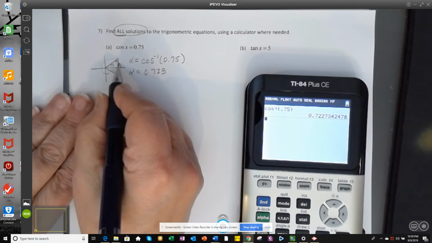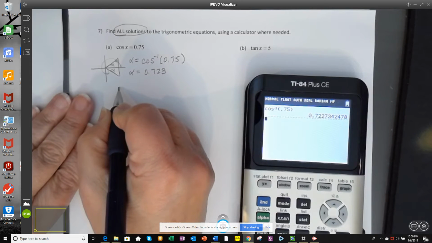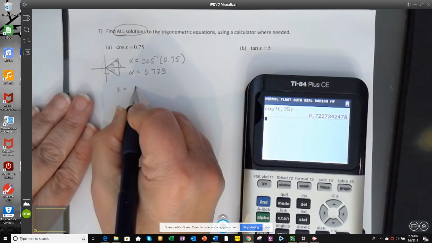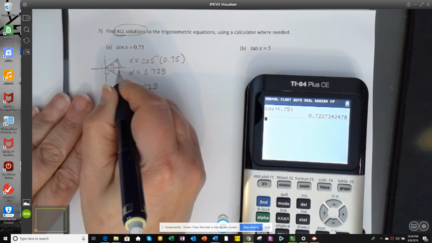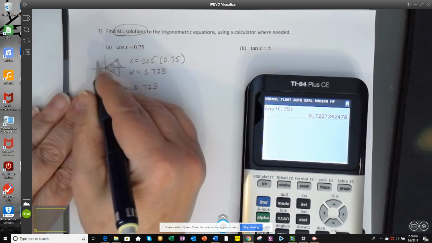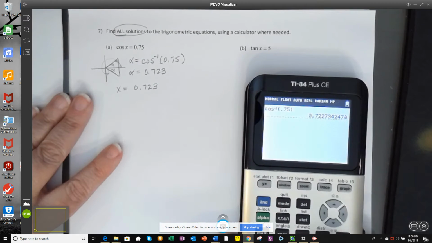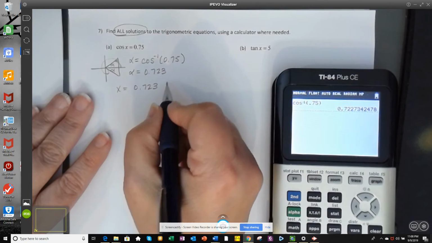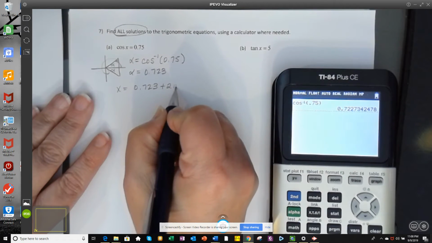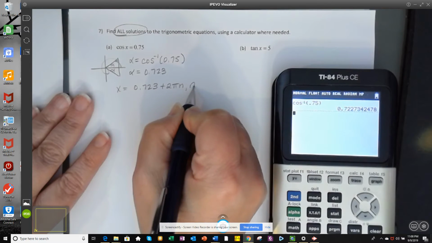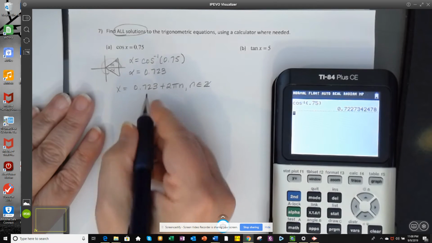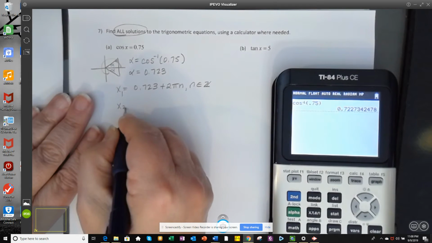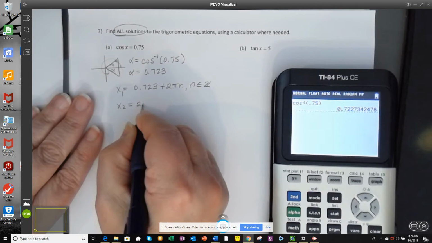Now, in my first quadrant, I know that x will be 0.723. But I could hit that multiple times going around. So how would I get all of the ones that happened in the first quadrant? Well, that would be plus every time I go around is 2 pi n, n an element of the integer set. That would be x1. x2 would be 2 pi minus alpha, right?